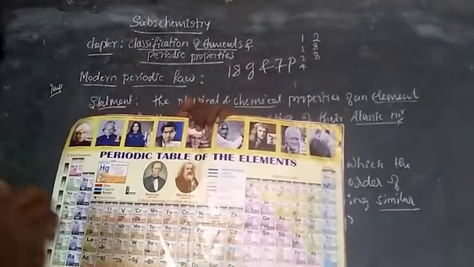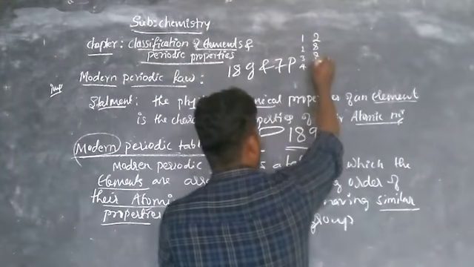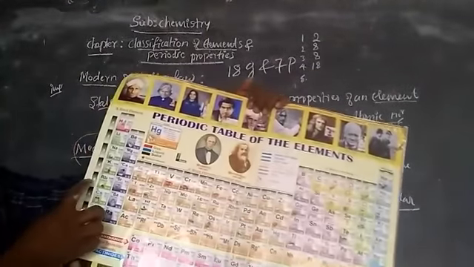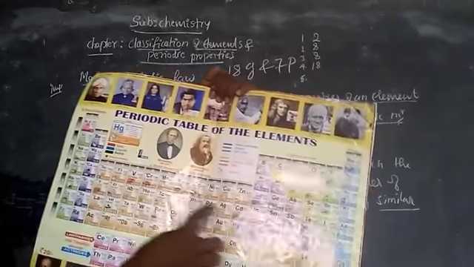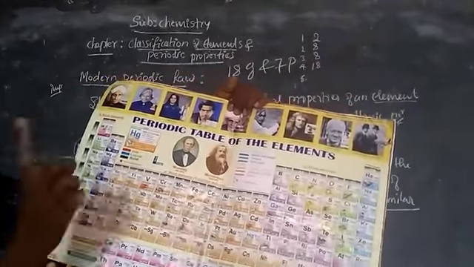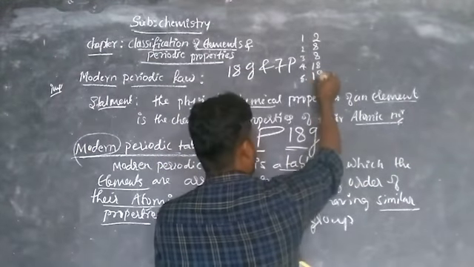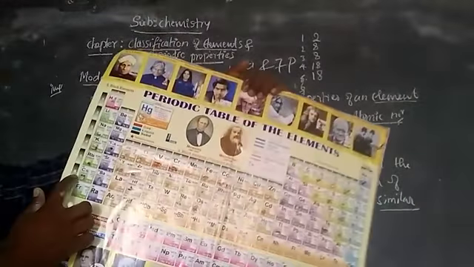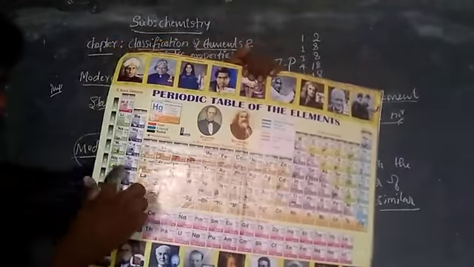Okay, 18 elements. Then the fifth one also contains 18 elements. See, the fifth one, same elements, right? Then the sixth and seventh, there are 7 periods. The sixth one also contains 18 elements here.